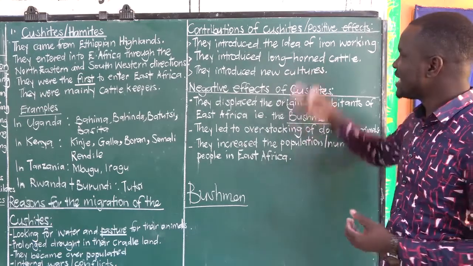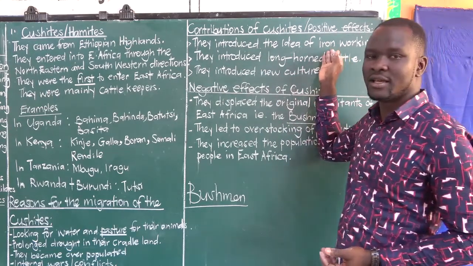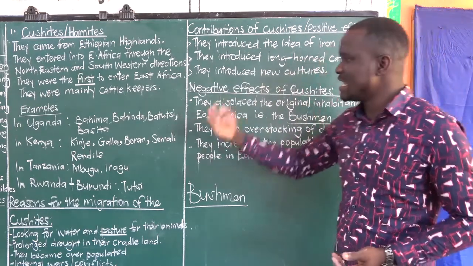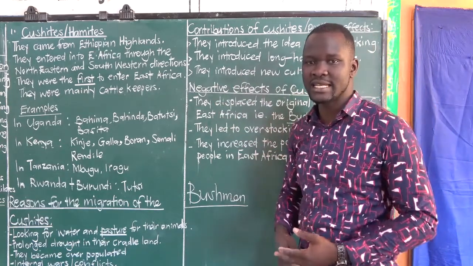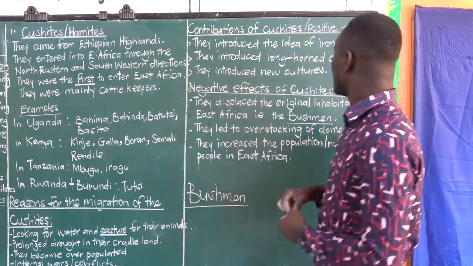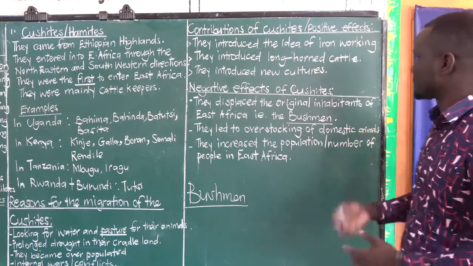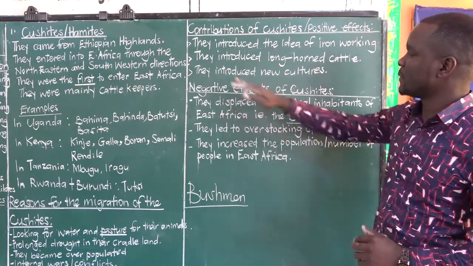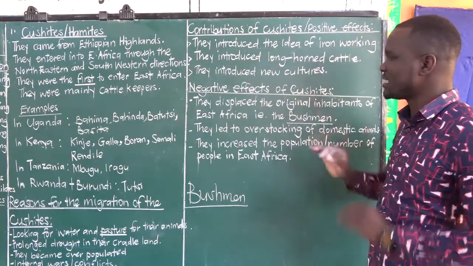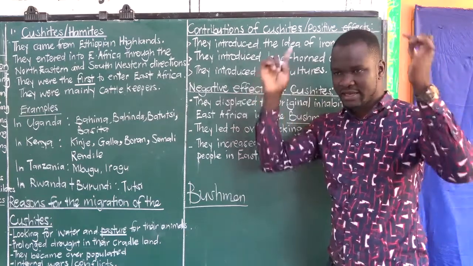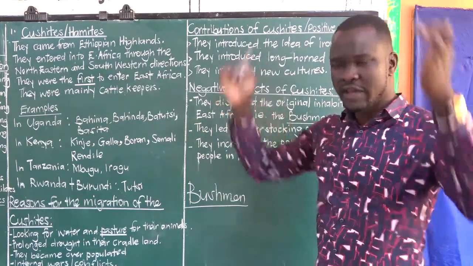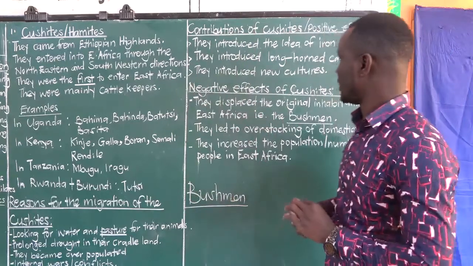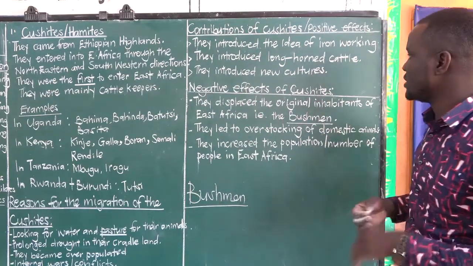Of course, that is answered already here by introducing the idea of iron smelting, that is making tools or weapons out of iron. And then we have, they introduced the longhorn cattle. There we mean the cattle with very long horns. They are the ones also that introduced them.